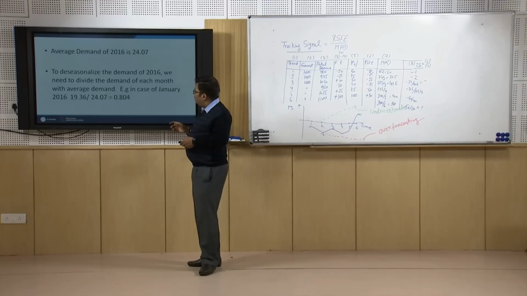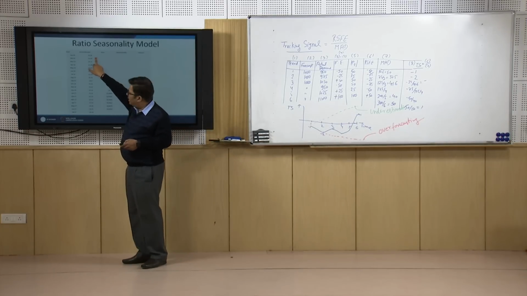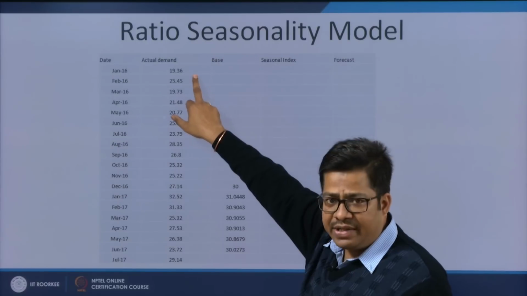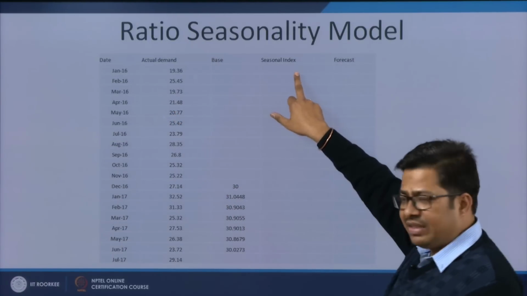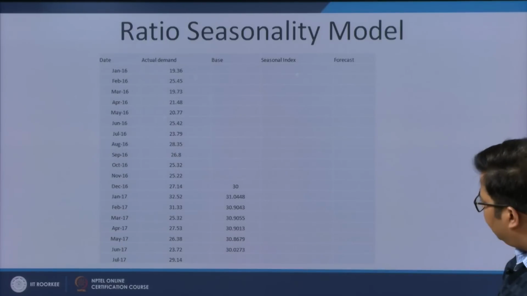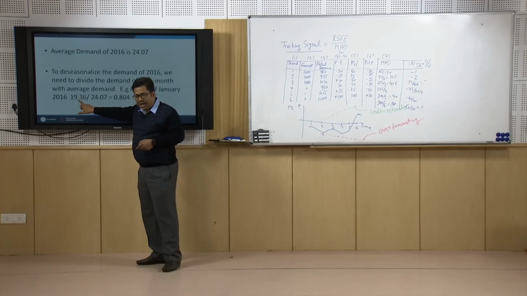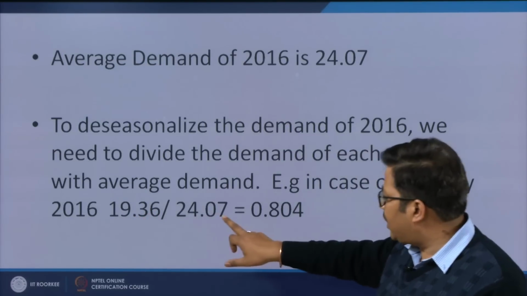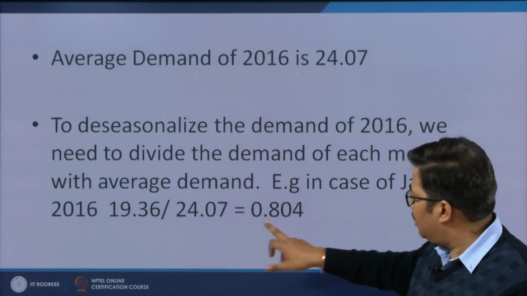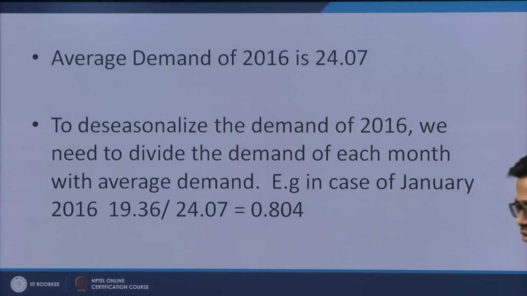Now, we will divide the actual demand of any period, like January 2016, 19.36, by the average demand, and that will give me the seasonal index. As shown in the sample calculation here, the actual demand of January 2016, 19.36, divided by the average demand, gives the seasonal index as 0.804, and so on.